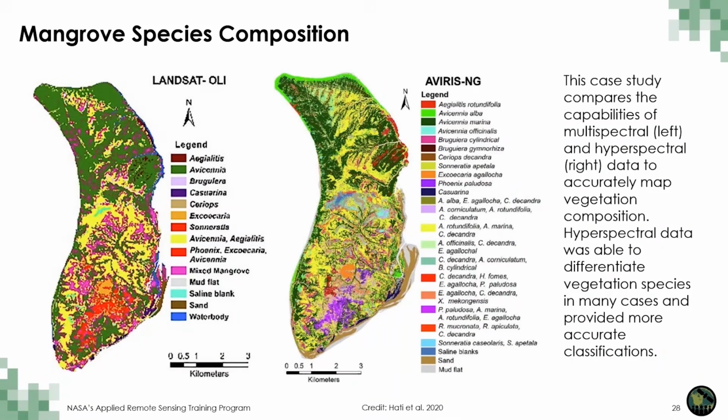In addition to hyperspectral data, they also examined multispectral data to compare the capability of specific vegetation type classifications. Data was analyzed from the Landsat OLI and Sentinel-2, as well as Hyperion and the AVIRIS-NG data.